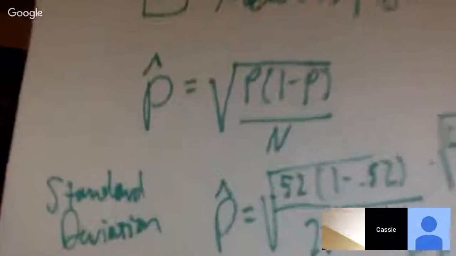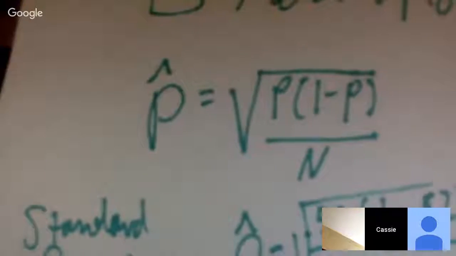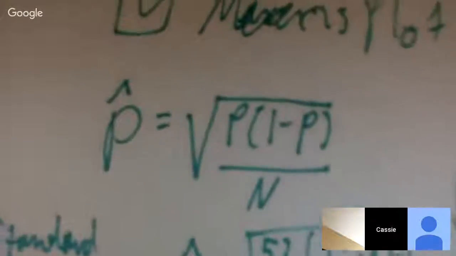So p is 0.60, times 1 minus 0.60, and then you divide that by n, which is 80, and you square that whole thing, right?